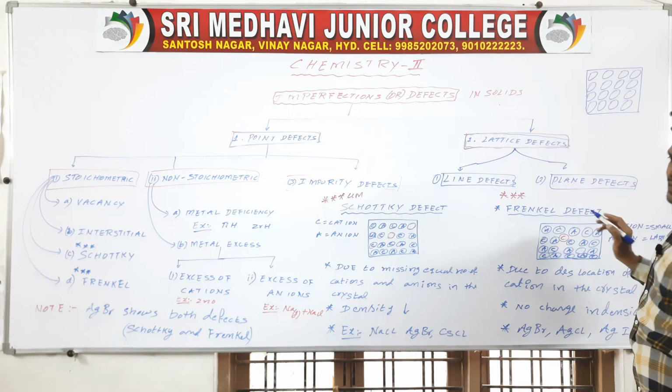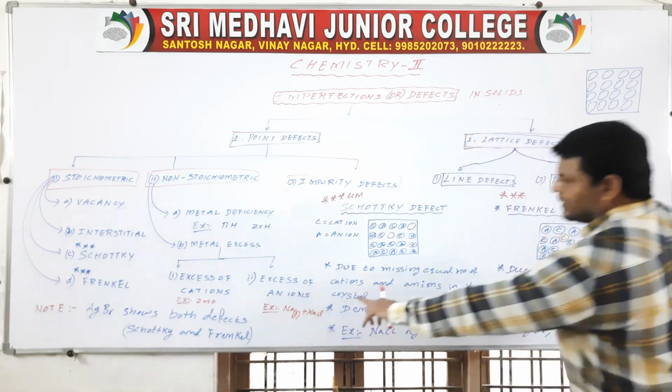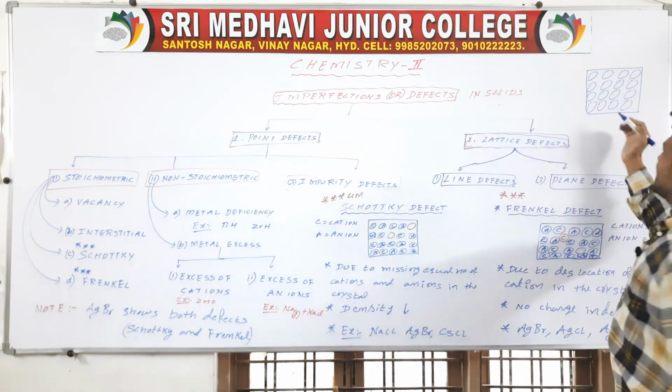Excess of anions: I am explaining here with sodium vapor and an NaCl crystal.